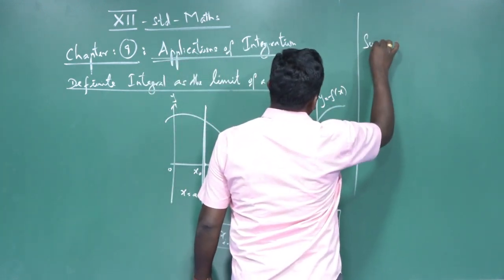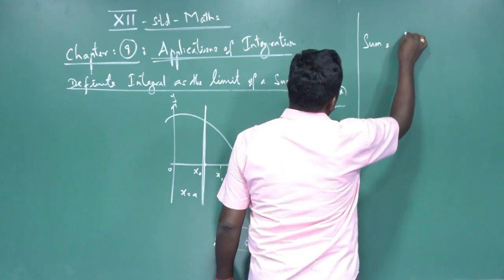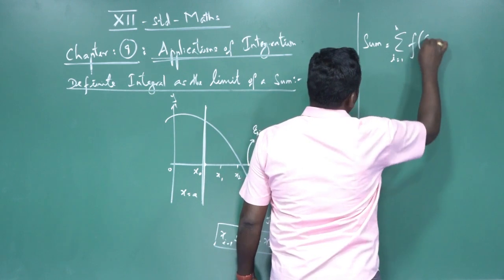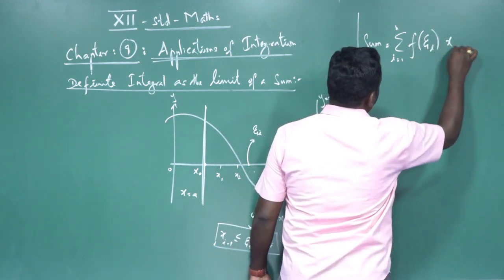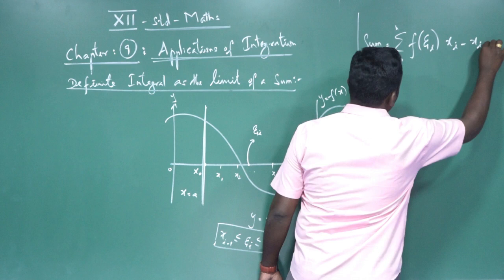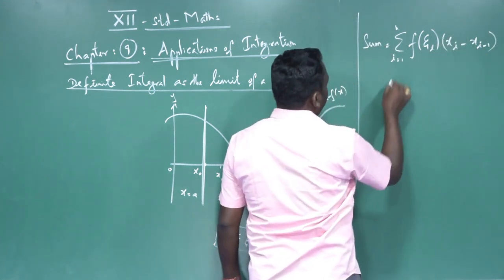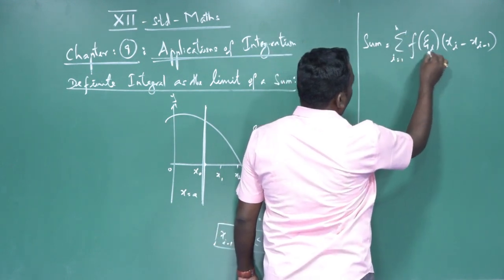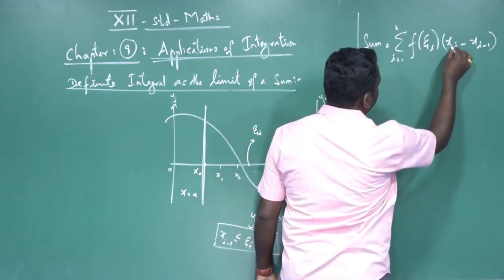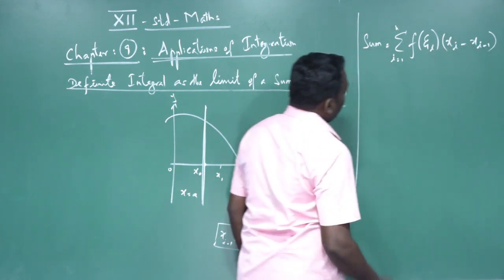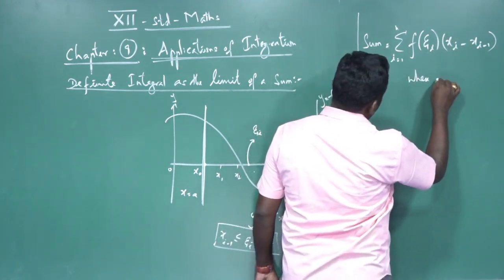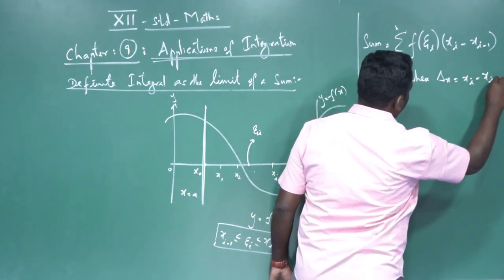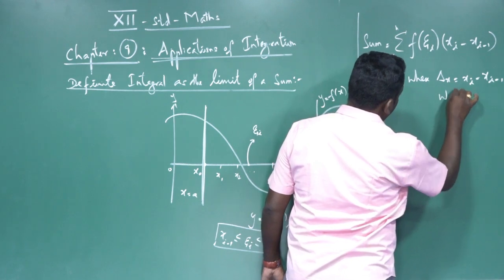The sum is the summation, i taking values from 1 to n, of f of epsilon_i into (x_i minus x_{i-1}), where delta x, that is x_i minus x_{i-1}, is called the width of this interval.